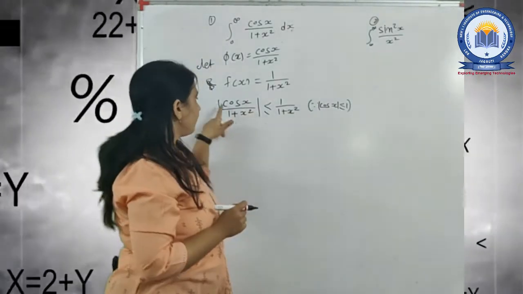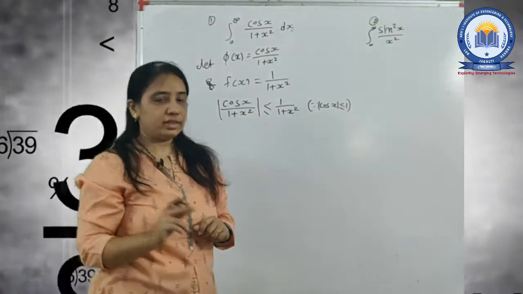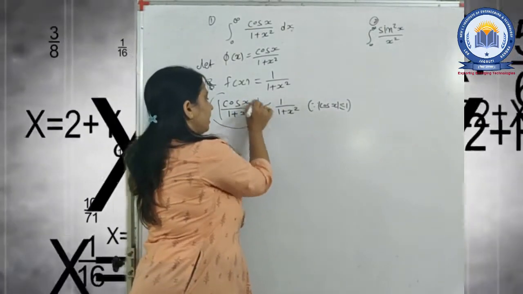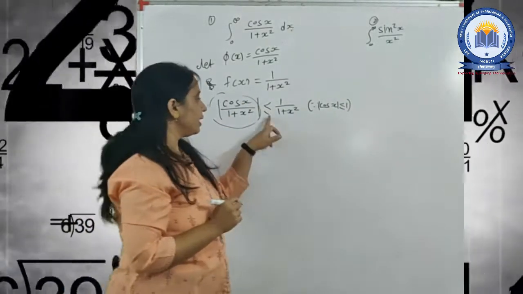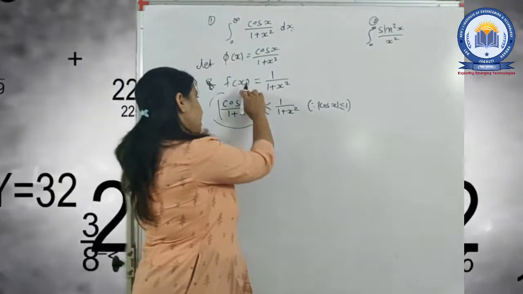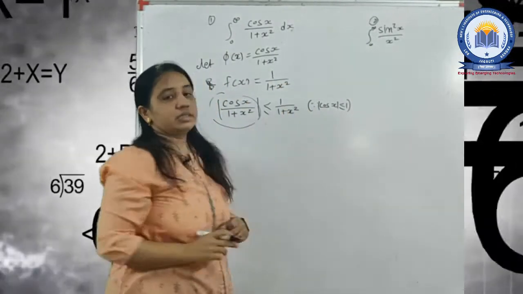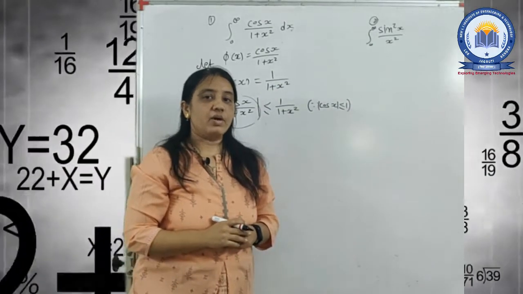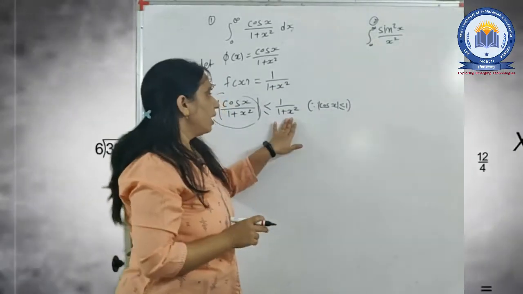So obviously this whole quantity is less than or equal to this function. So we have assumed this is our fx. Now we'll try to find out the convergency of fx.